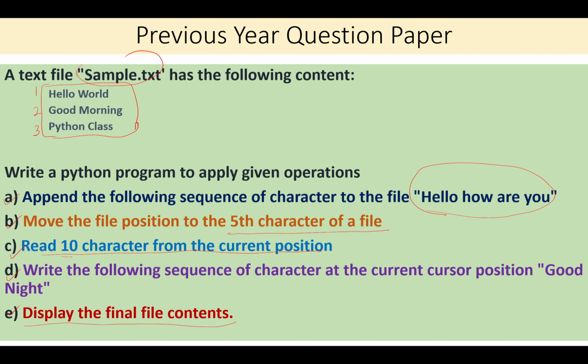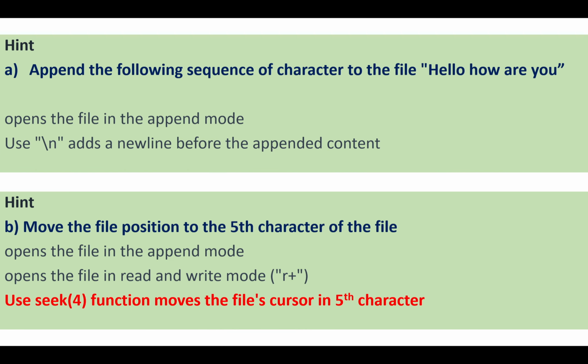Now I am going to discuss all these parts in a very simple and quick way. The first thing is that we have to append this content, like in my file, hello, how are you.